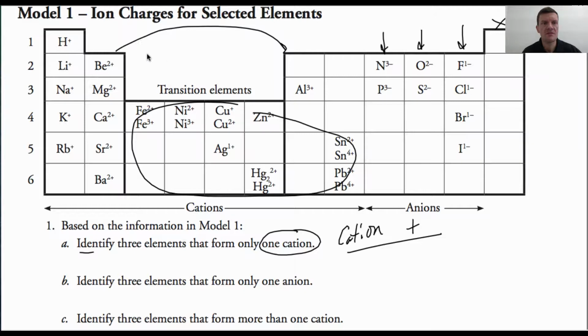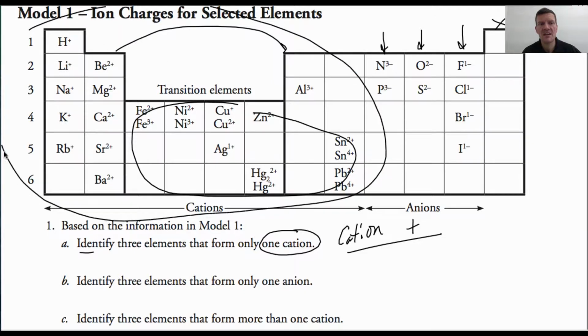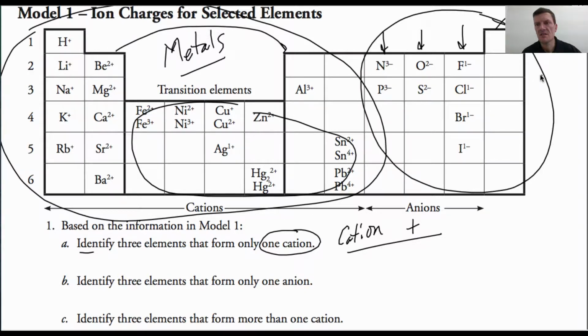Notice positive are all over here on the left side of the periodic table. These are metals. Metals are on the left side of your periodic table. All of these on the right side, these are non-metals. Keep that in mind.